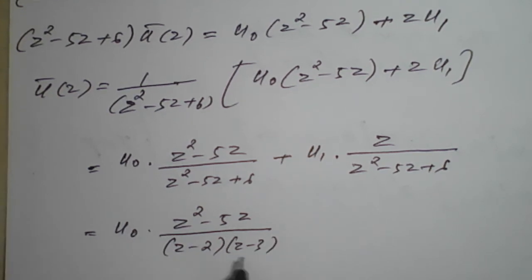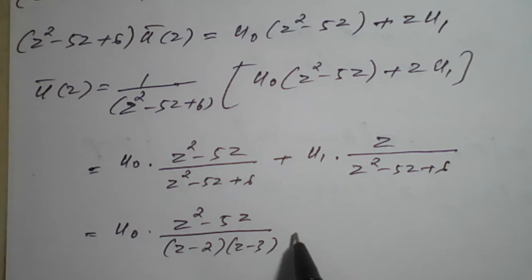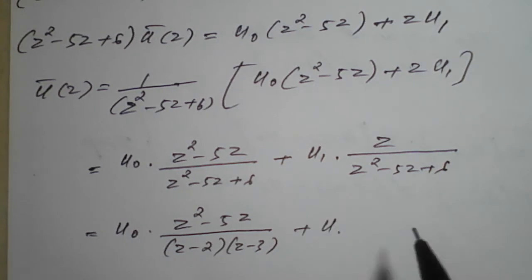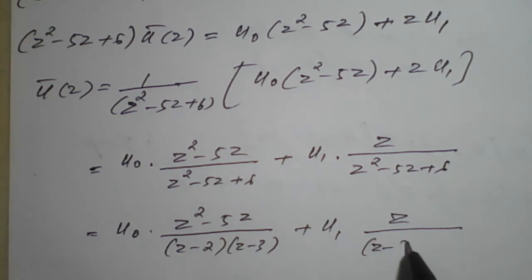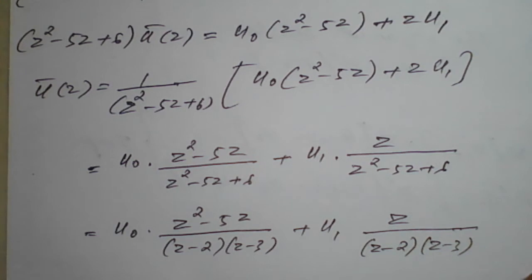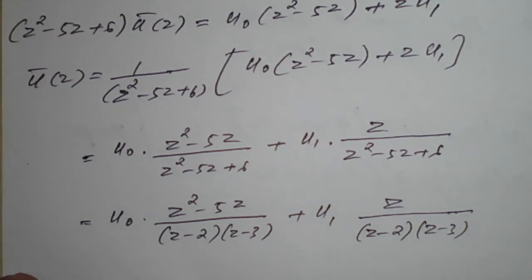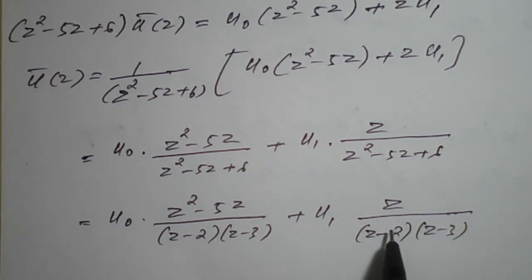If you open the brackets, we will get again z square minus 5z plus 6. Similarly, u1 into z divided by, the factorization is also the same, z minus 2 into z minus 3. So this u0 coefficient and u1 coefficient we need to simplify.